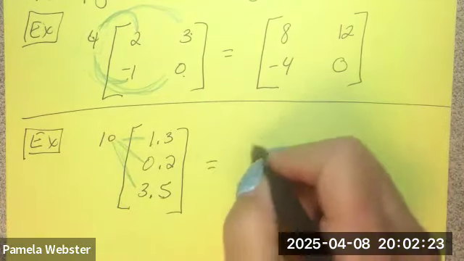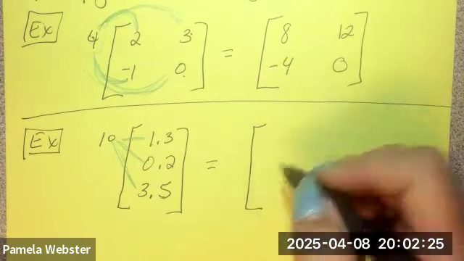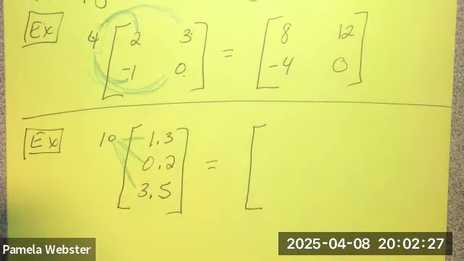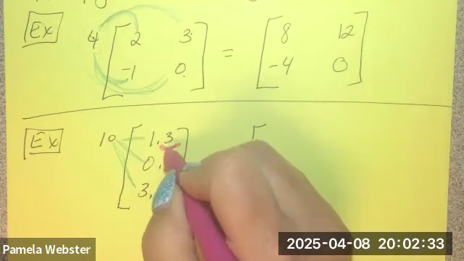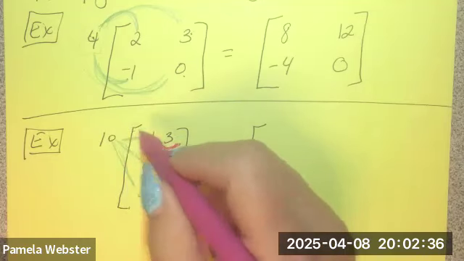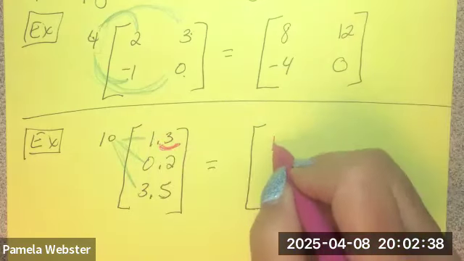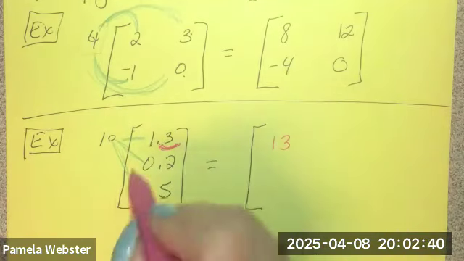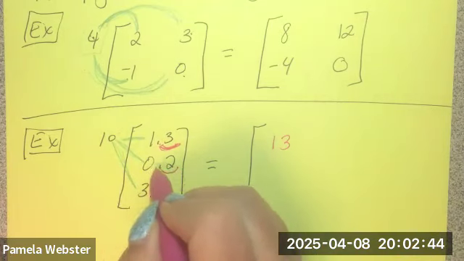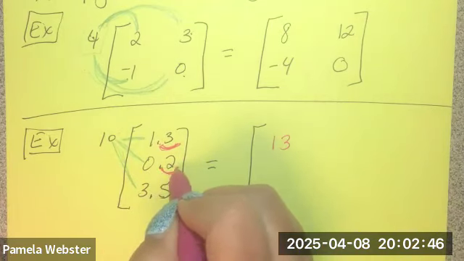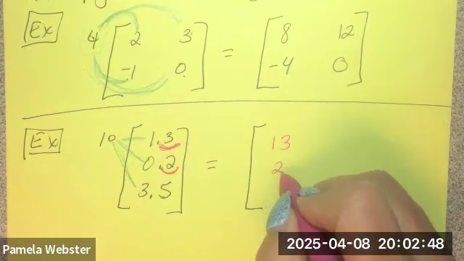And what happens whenever I multiply something by a 10? In my head, I hear you saying, "Move the decimal, Dr. Webster." That's what I think. So when I multiply by 10, 1.3 times 10 turns that 1.3 into a 13, right? And 10 times 0.2, move that decimal 1 place, that's just a 2.